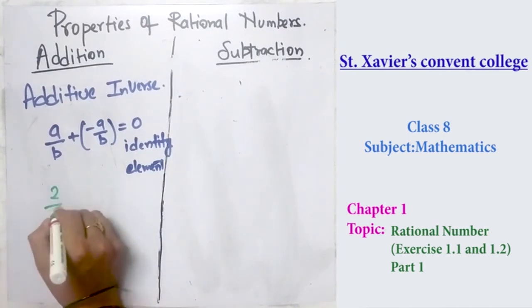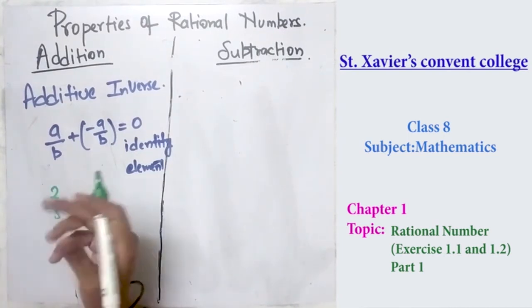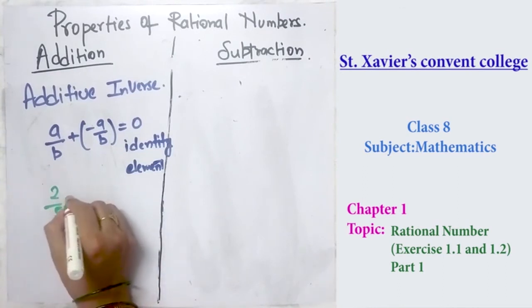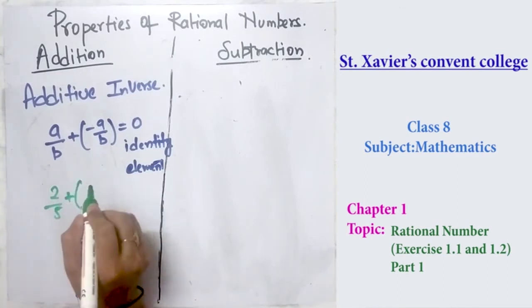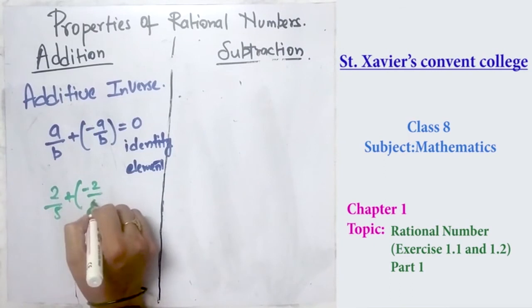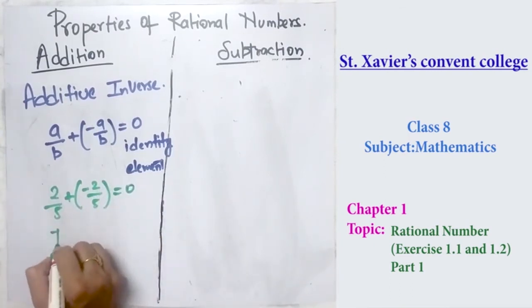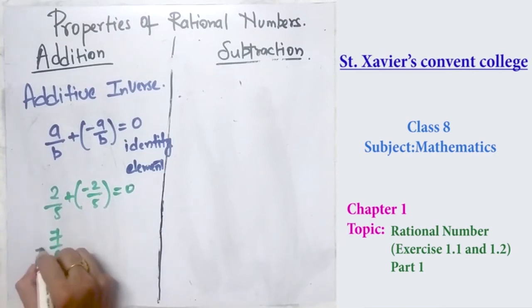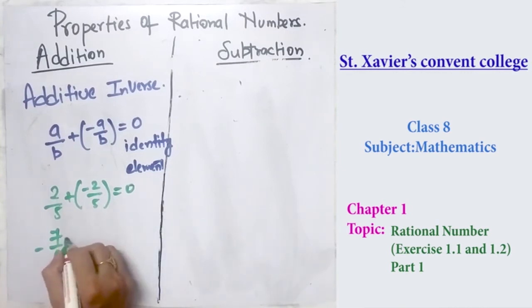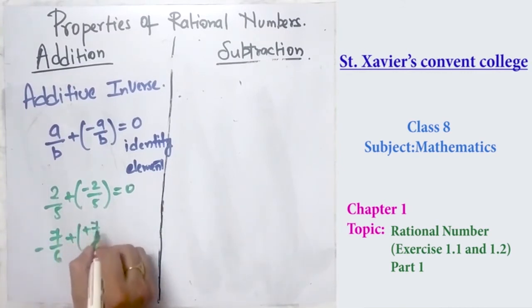Take 2 upon 5. You want the additive inverse of it. So what you take is minus 2 upon 5, and if you add them, you will get 0. Again, take minus 7 upon 6. To get 0 as the identity element, you add plus 7 upon 6.